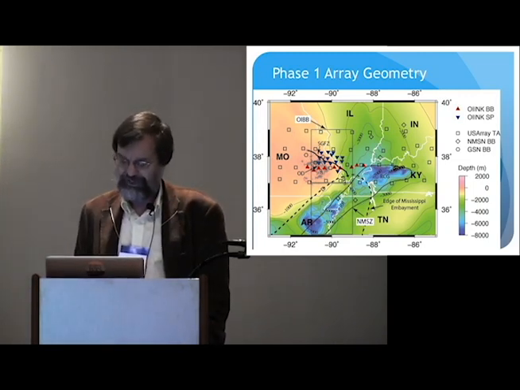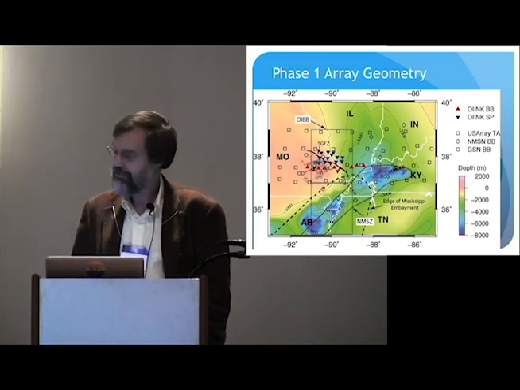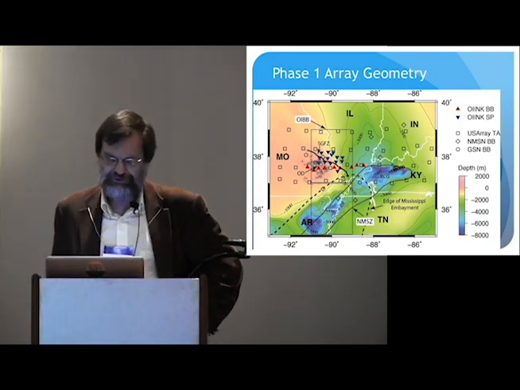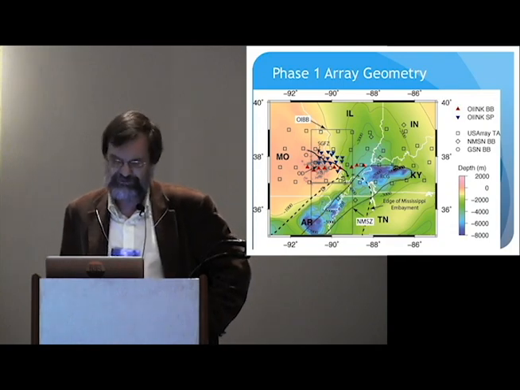This was mostly directed at seismicity problems, and I'm going to give you some results from that in a minute. It's shown on a map for the basement in the Illinois Basin.